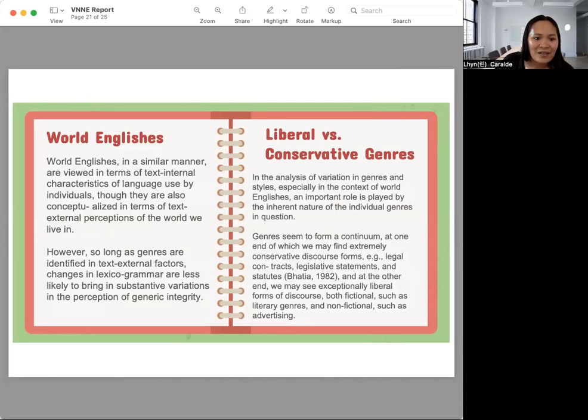However, so long as genres are identified in text external factors, changes in lexical grammar are less likely to bring in substantive variations in the perception of generic integrity.